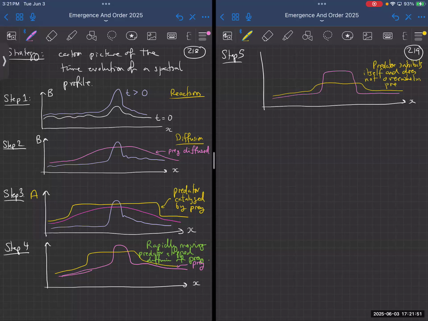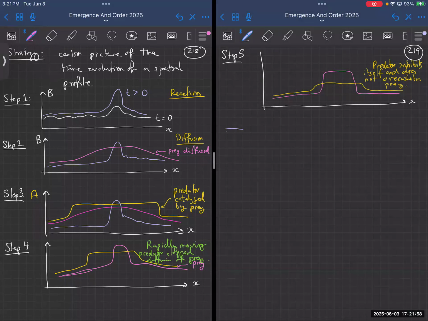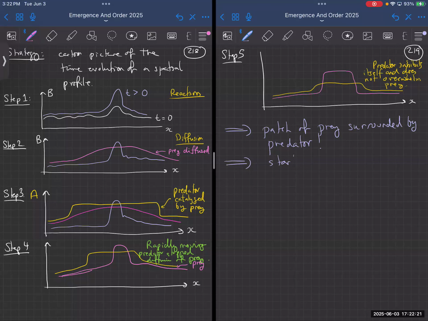Right. So I've now got a patch. And so the end result is all of this gives me a patch in space of prey surrounded by predator. And so I've got spots. And that is the start of the pattern formation process.